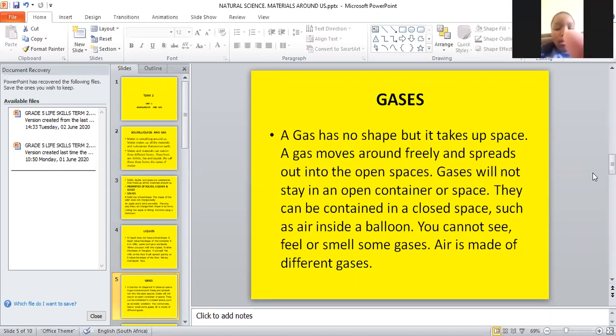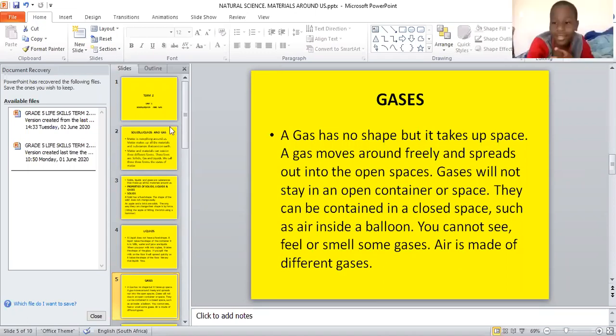And they also say gases can be contained in a closed space such as inside a balloon, and then you cannot see, feel, or smell some gases. Like I told you, unless somebody passed air and it's a very bad air, then you'll be able to smell it.